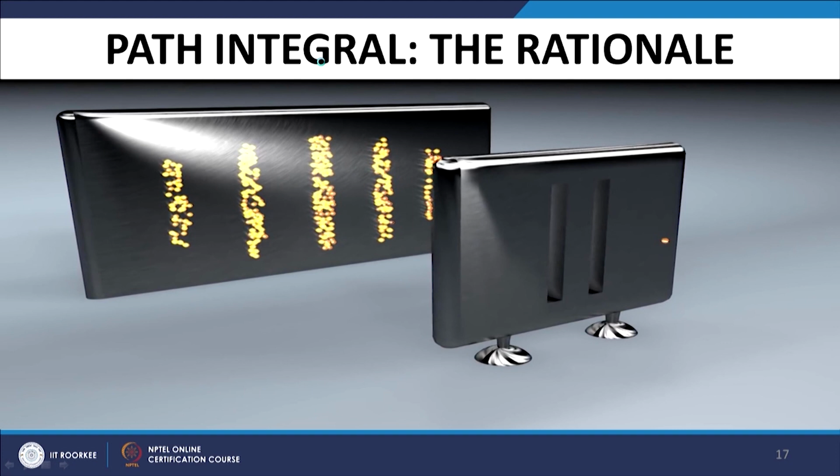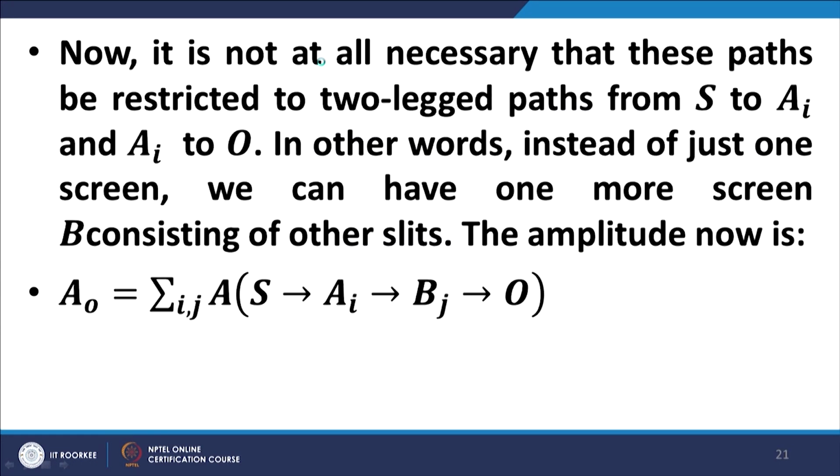And in that case, the amplitude at any point O on the detector screen would be given by the summation over i, j, where A_i are slits on the screen A and B_j are slits on the screen B. So, any particular wave will first start from S, move to some slit on screen A, from there move to some slit on screen B, and then move to the point under reference, that is on the screen O. So, instead of two legs, it now becomes a three-legged path.